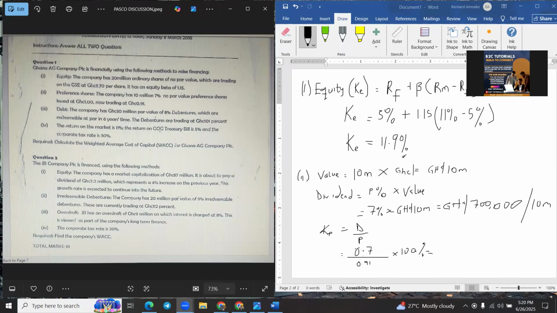So 0.07 divided by 0.91, and at the end we should have 7.69.